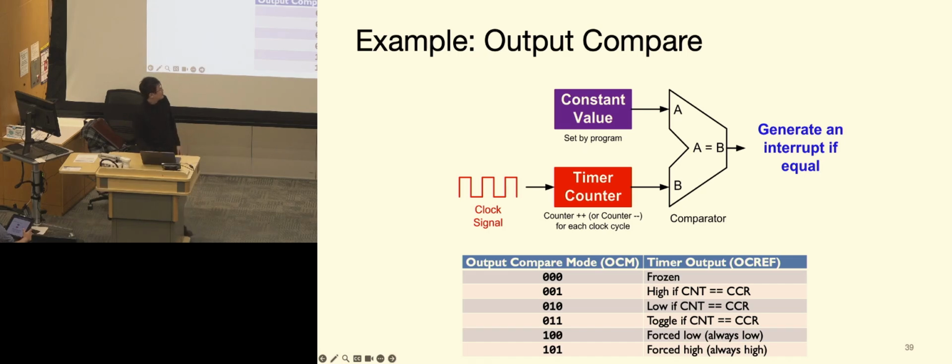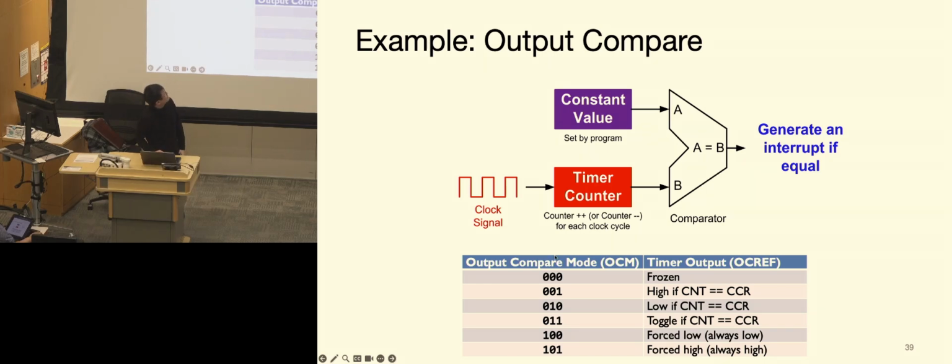So, a little bit more detail on the compare modes you can choose from. They allow you to control things to be high if something happens, or low, or you can force the output to be always high or always low, based on your configuration here.